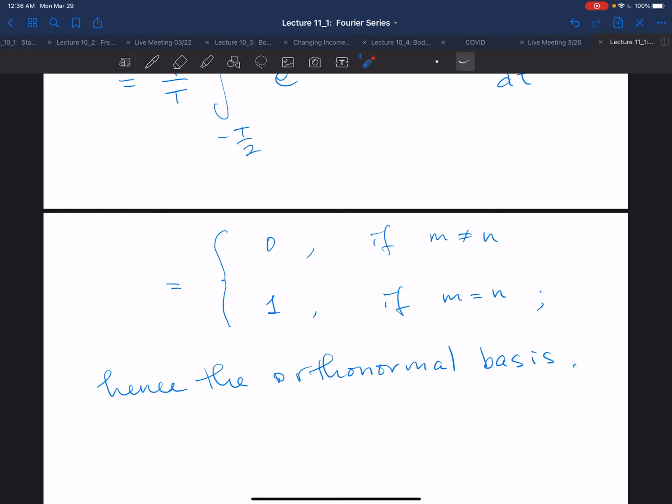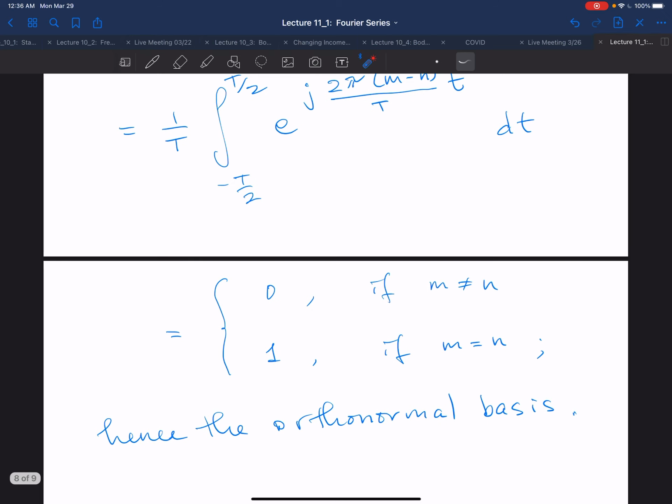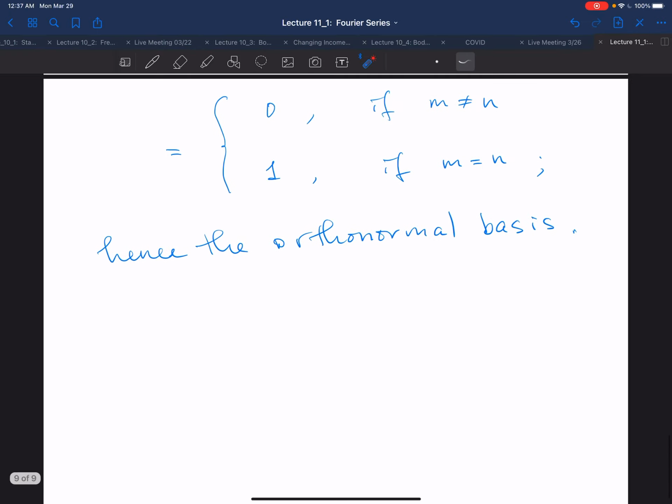Okay. So again, if we want to express a periodic function in terms of these complex sinusoids, all we have to do is take the projection of that function onto this orthonormal basis. And that defines the Fourier series.